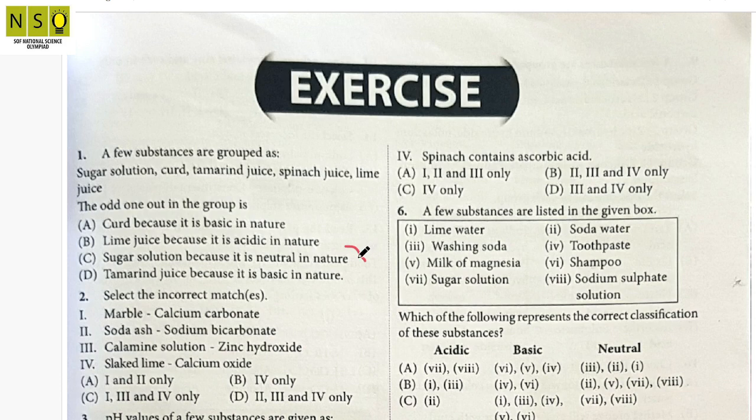So what we can see is that the correct answer is sugar solution because it is neutral in nature. While we know that the curd, tamarind juice, spinach juice and lime juice all are acidic in nature.